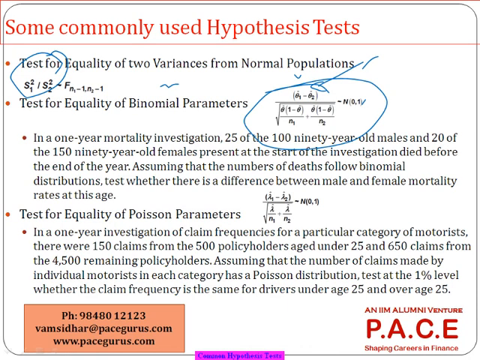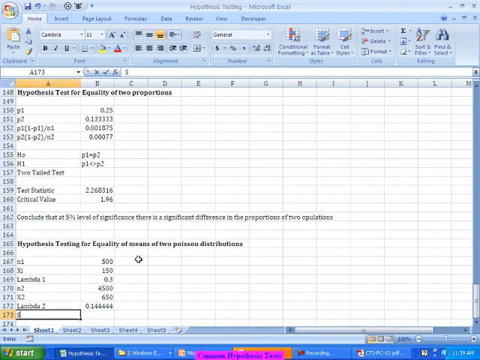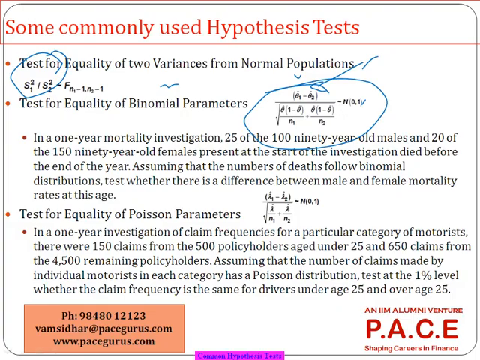All right. Assume that the number of claims made by the individual motorists follow a Poisson distribution. Significance level is 1%. All right. Whether the claim frequency is the same for the drivers.